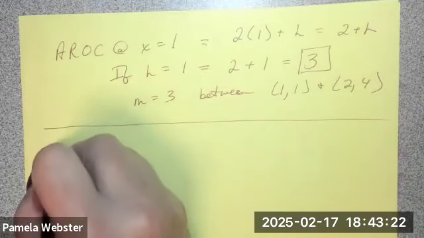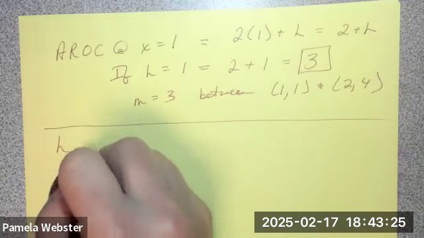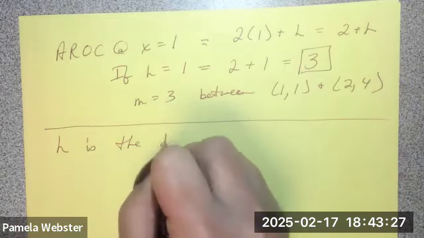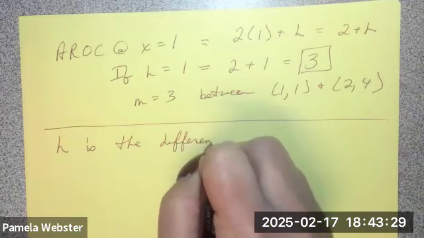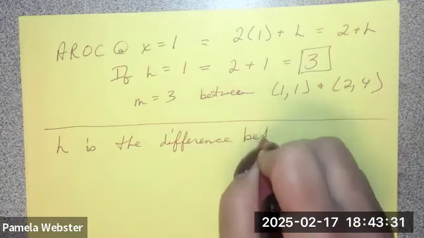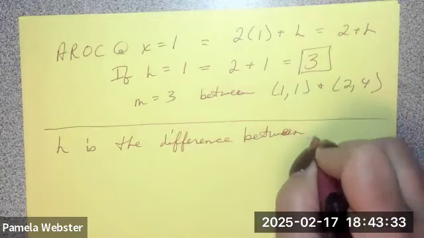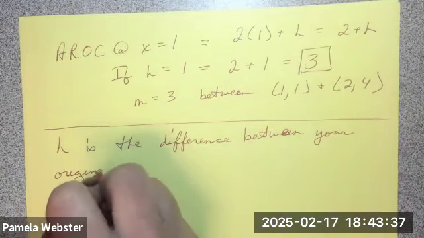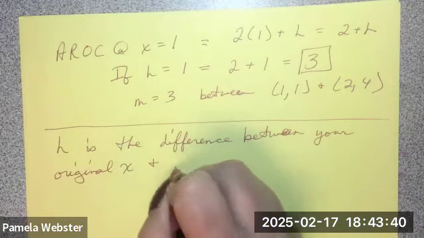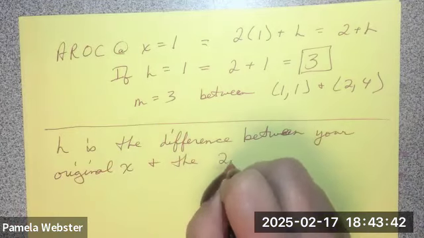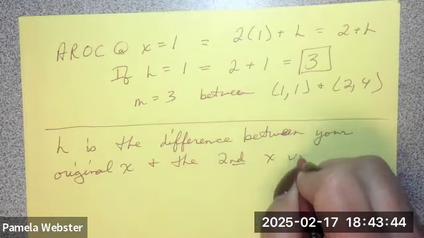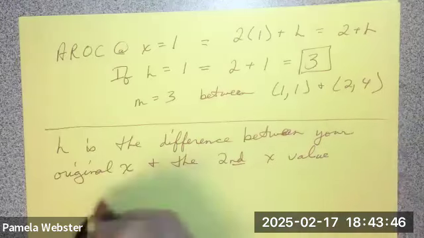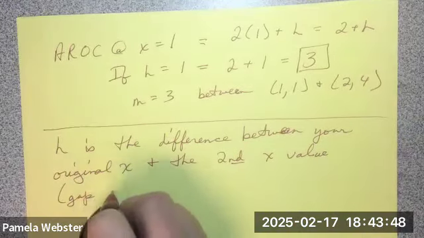Let's make a little note. h is the difference between your original x value and the second x value. So it's the gap between your 2 points, the x values.